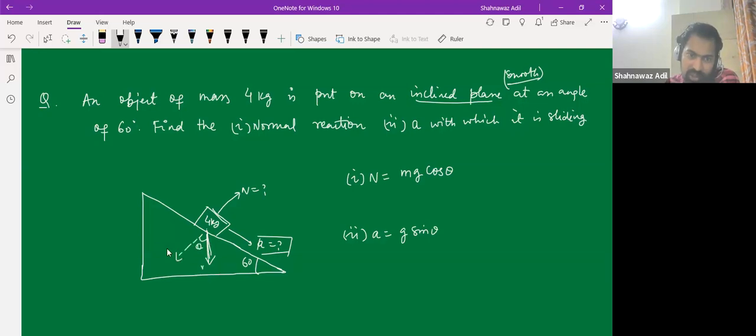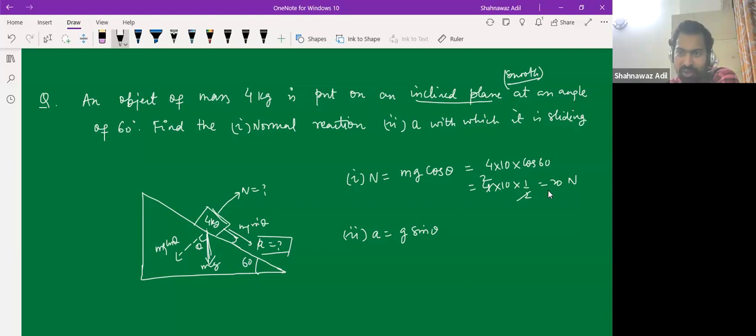This is mg cos theta, and this is mg sine theta. So m is 4, g is 10, and cos 60 is 1 by 2. So this is 20 Newton, right?